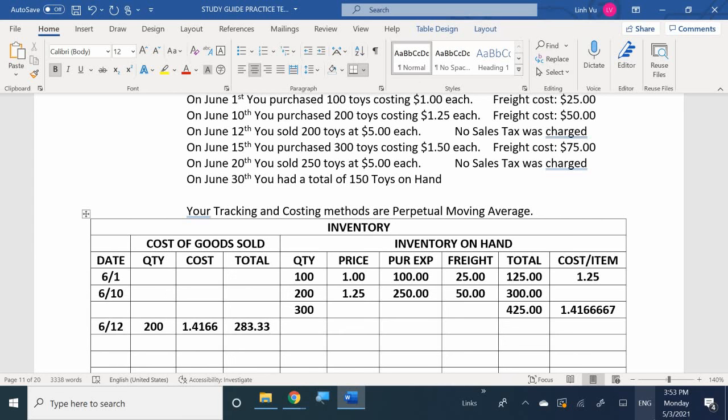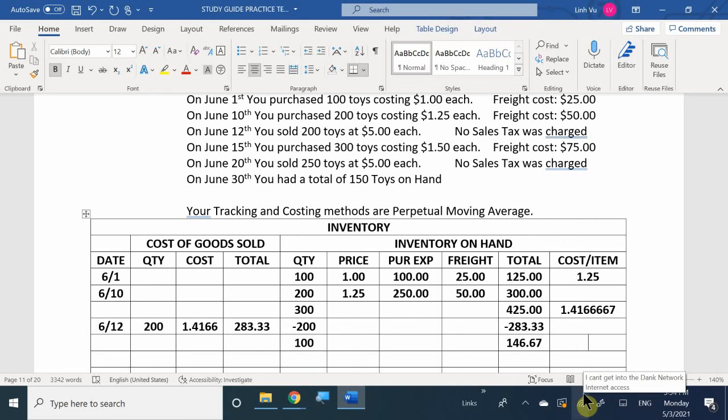Down. Down, good. So in this case, I need to subtract out my 200 items costing me 283.33. So therefore, I should be left with 100 items costing me, what is it, 146.67?